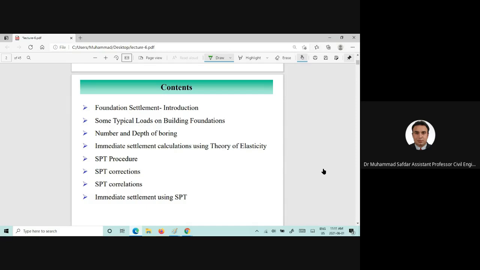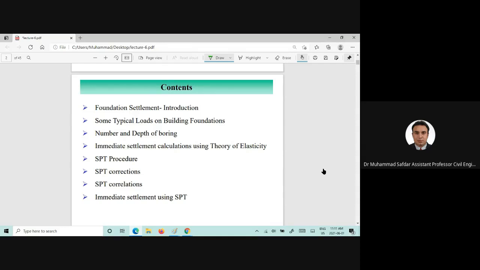We usually collect samples and investigate the soil properties. Then the immediate settlement calculations using theory of elasticity will be explained, and the standard penetration test procedure would also be explained, which you might have performed in the Geotech 2 lab.